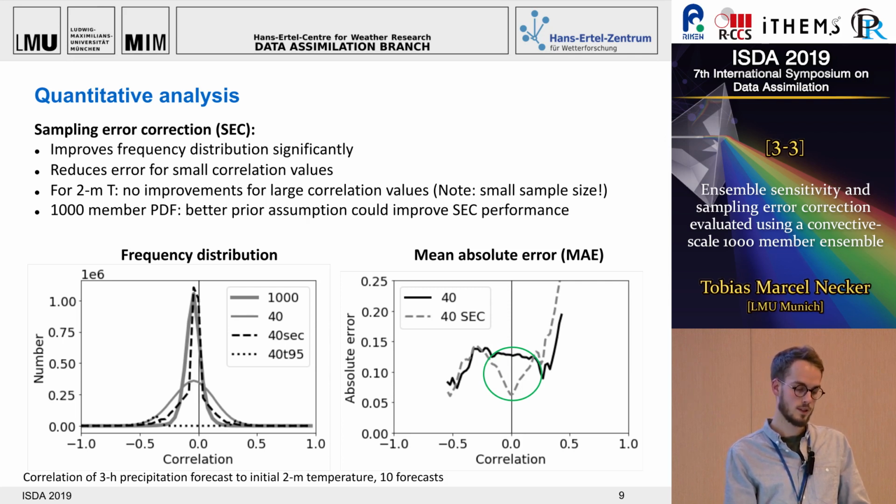We can also see in this case that there are some degradations for large correlation values, but this is likely an effect of our small sample size, which you can see here. We have a very small number of values for positive correlations larger than 0.3. It might also be due to the very general prior assumption that went into the sampling error correction initially, so we could improve this easily.